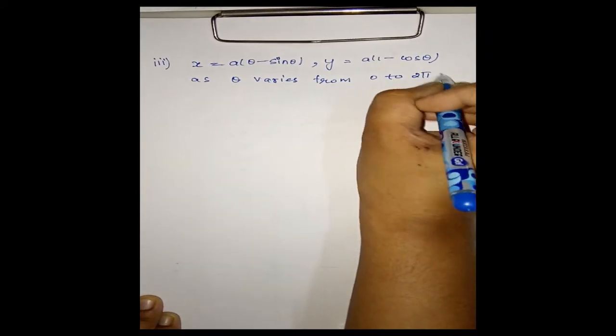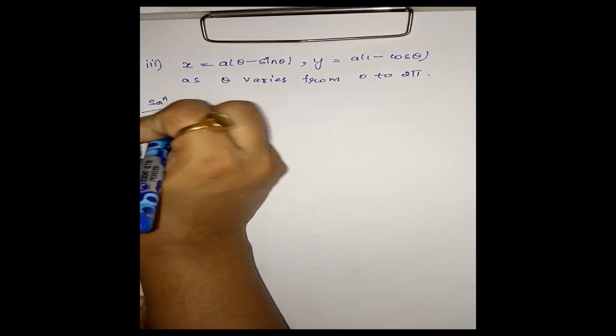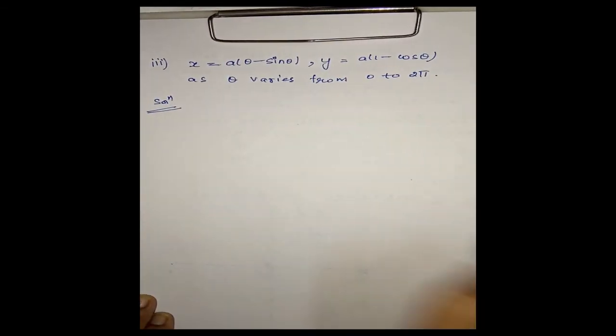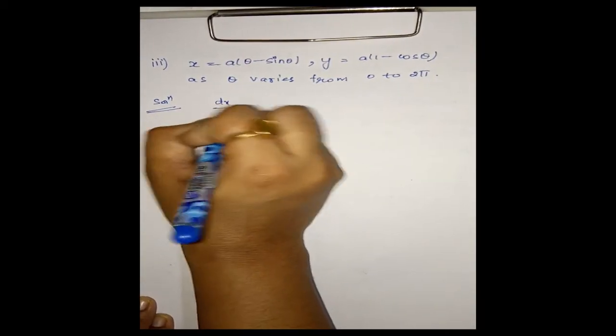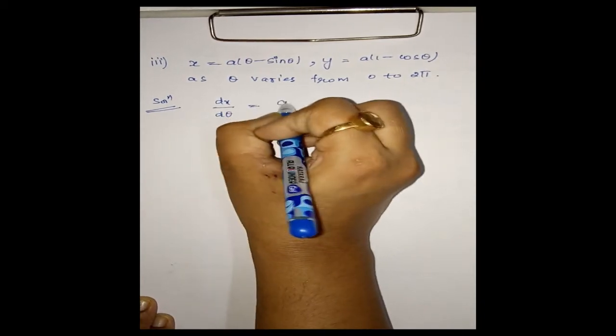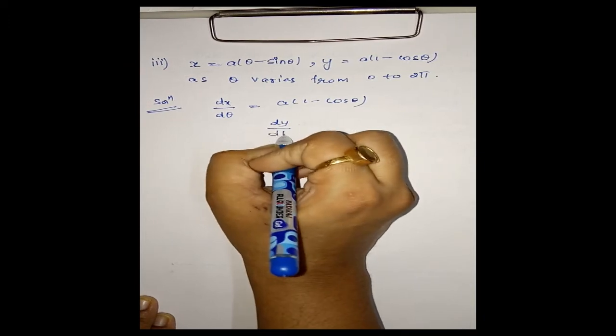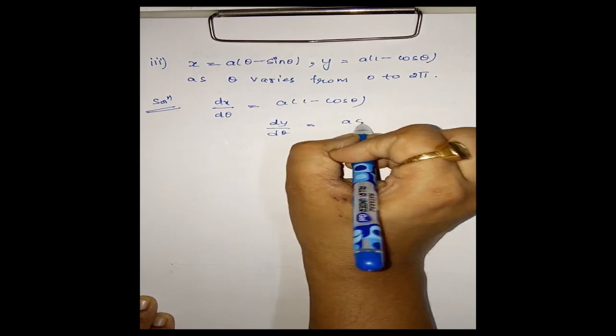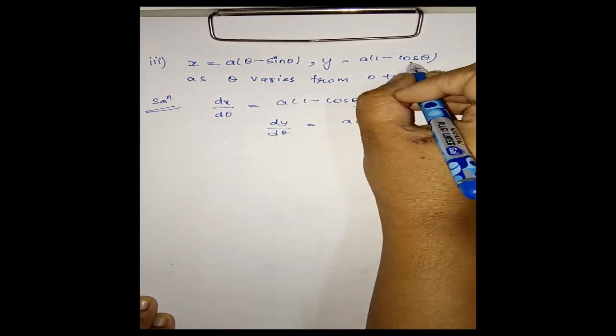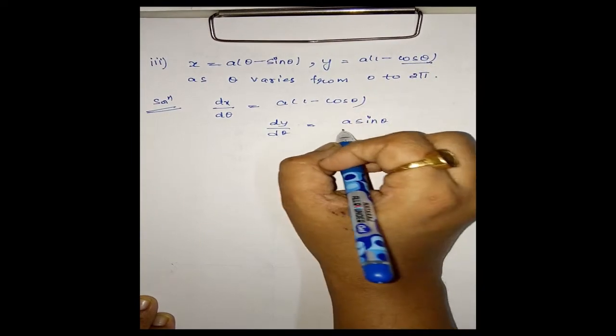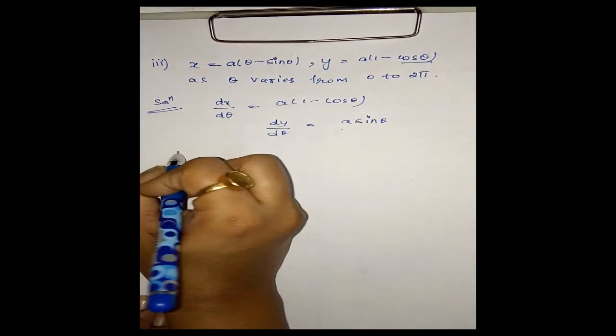Here our interval is 0 to 2 pi. First step is the same: dx by d theta is a(1 minus cos theta), and dy by d theta is a sin theta, since the derivative of cos theta is minus sin theta.